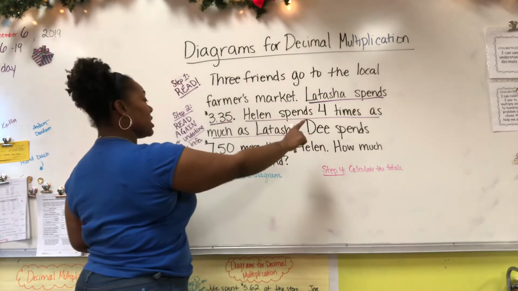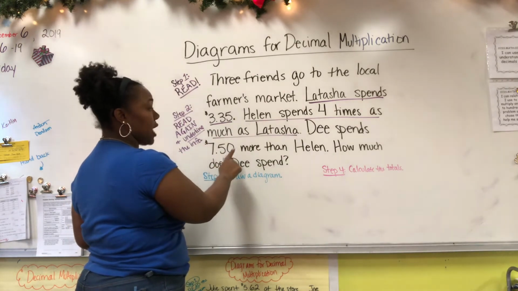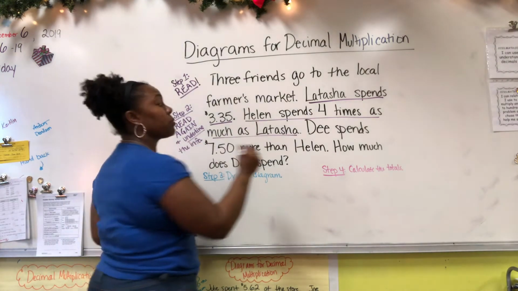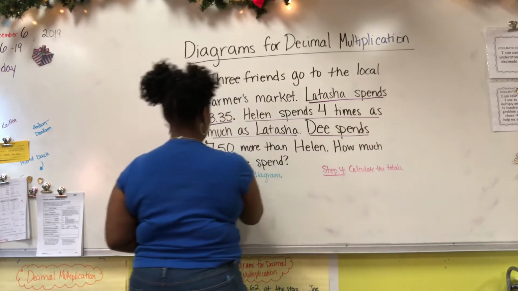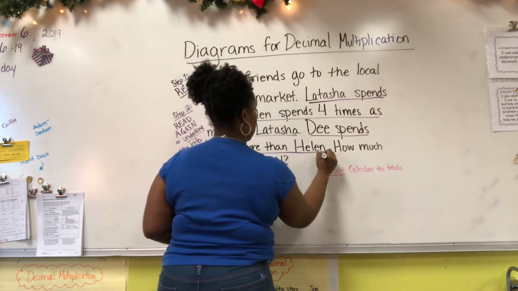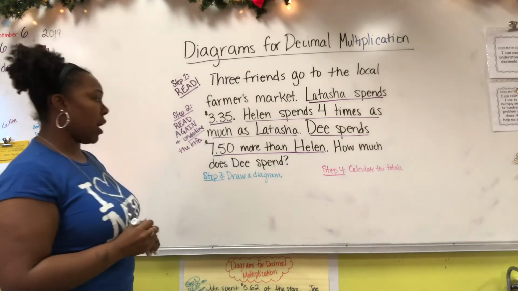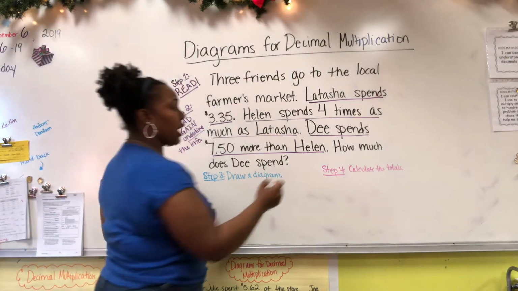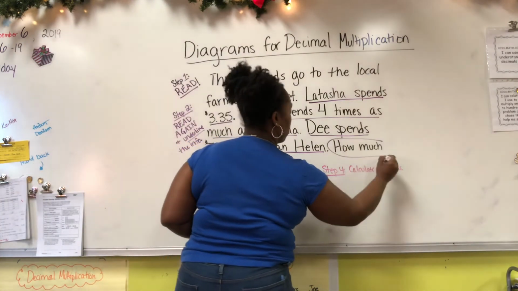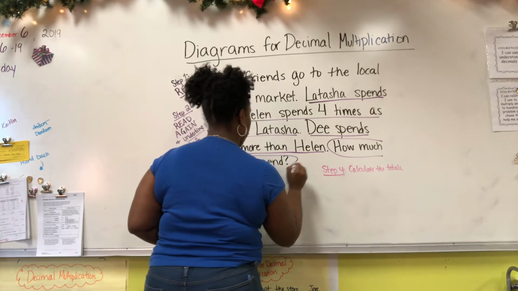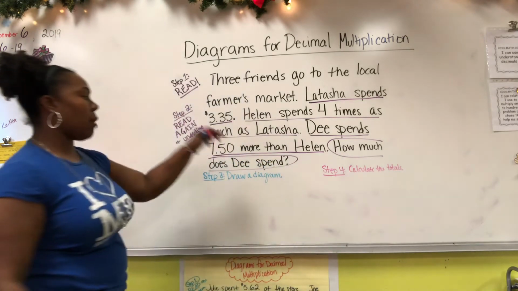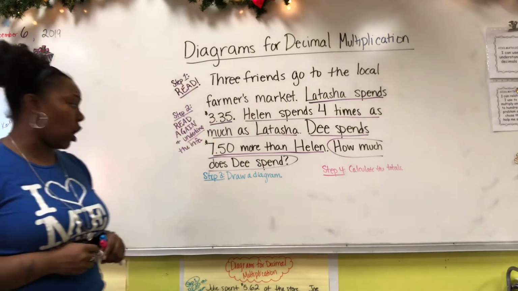Okay? Dee spends $7.50 more than Helen. That helps me. How much does Dee spend? Well, that's the question that I'm going to answer, so I'm just going to go ahead and circle it so I know what my end goal is. Okay? How much does Dee spend is what I actually want to know.